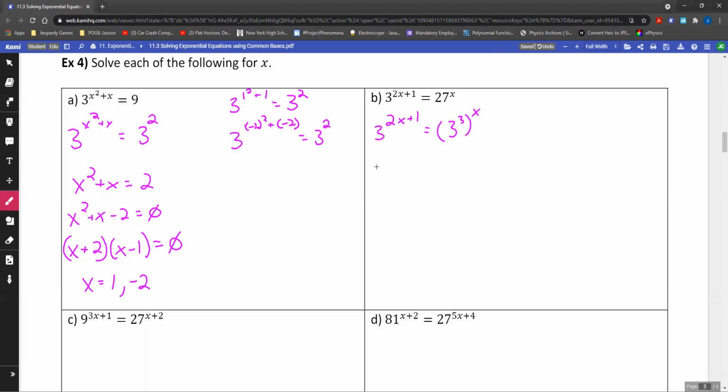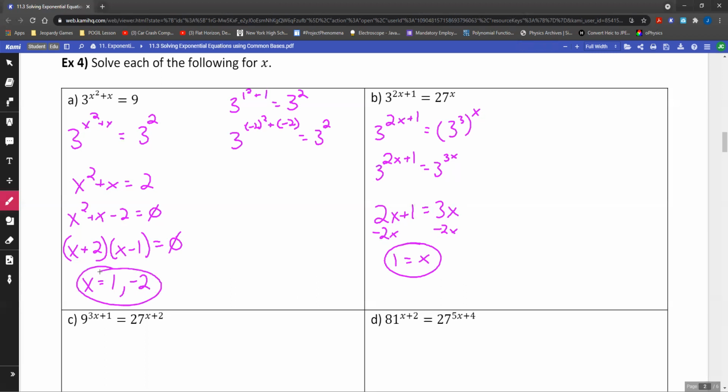Using the power rule, this becomes 2x plus 1 equals 3 to 3x. Set the powers equal to each other. All right, and then solve. So we move the 2x over. And I get x equals 1. Circle that answer too.